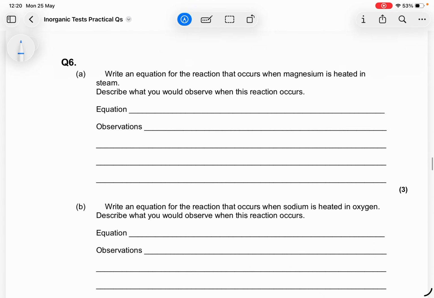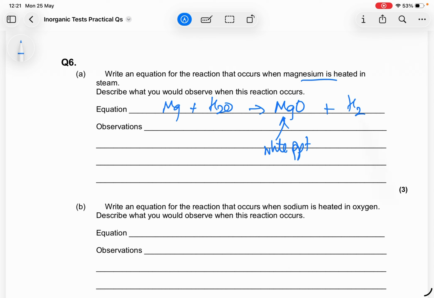And that is really some of the reactions that will come up. Learn magnesium reacting with steam: you will get a white solid, and you will see a bright white flame.